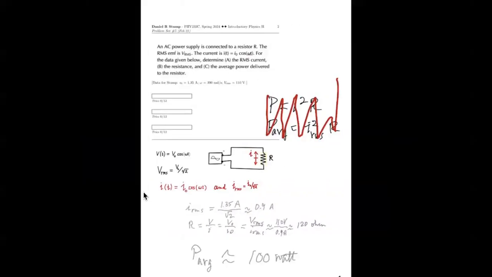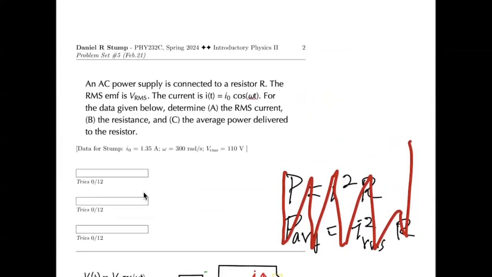Let's look at another problem. So here's the problem. It has an AC power supply and a resistor. So it's an AC circuit with no capacitance, no inductance, just the power supply and a resistor.